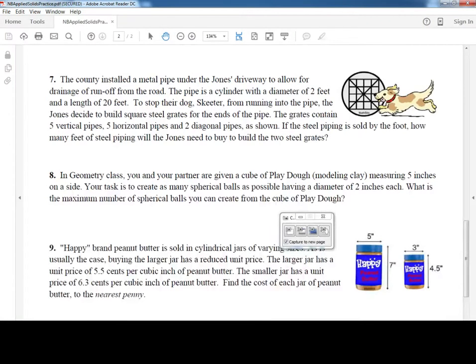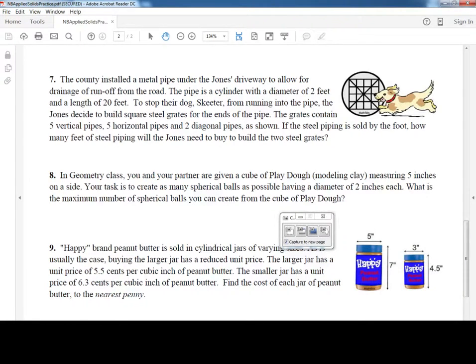Here it is. The county installed a metal pipe under the Jones' driveway to allow for drainage of runoff from the road. The pipe is a cylinder with a diameter of 2 feet and a length of 20 feet.